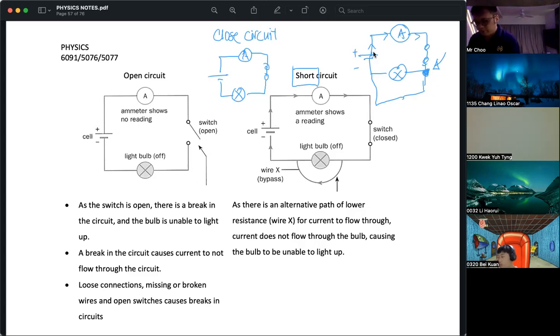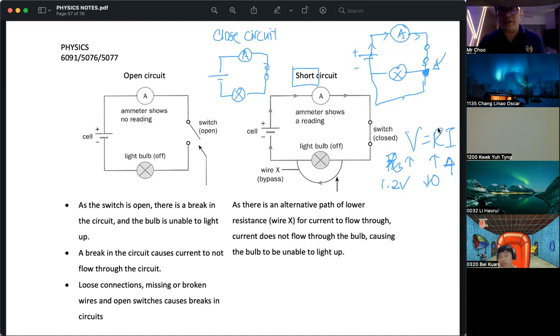Let me go through this with you. Do you remember this formula? V equal to Ri. If your resistance goes down to 0 and your voltage is still 1.2 volt, for example, what happens to your current?